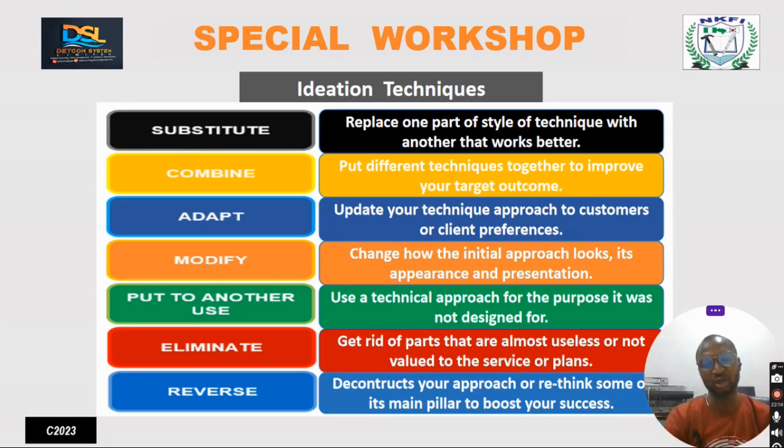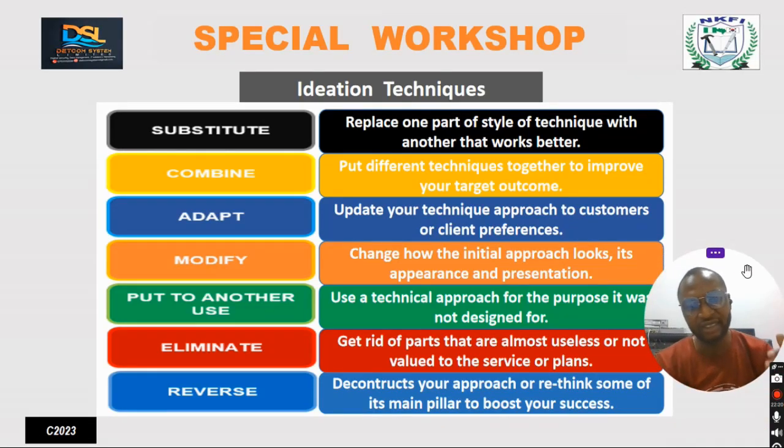Then you reverse, deconstruct your approach or rethink some of its main pillars to boost your success. So instead of going forward without achieving anything, you can equally reverse back so that you can achieve your aim and objective in bringing up the success of the idea that you are putting together.